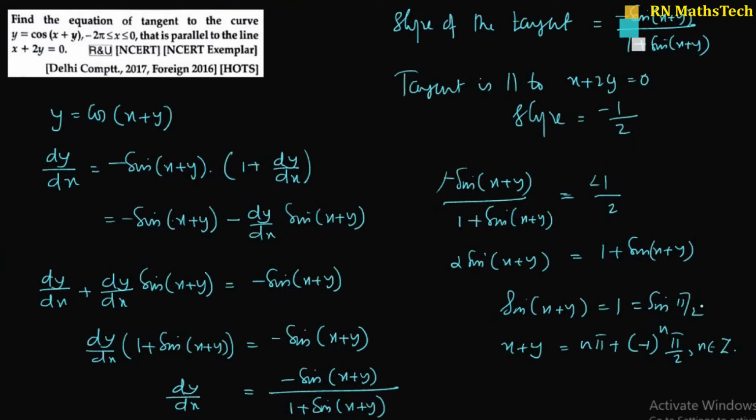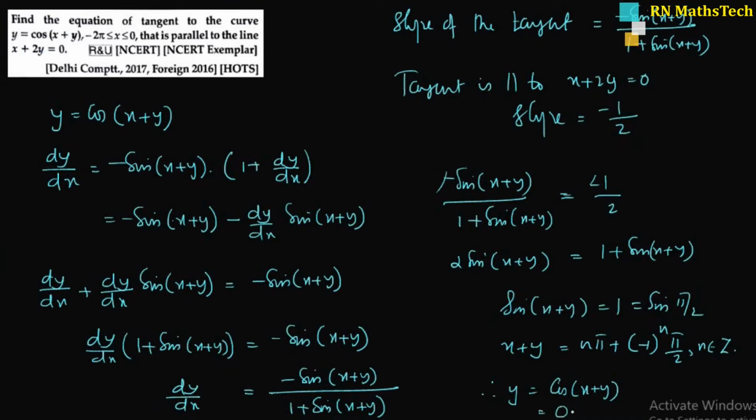Now we have to find the value of y. Therefore y is equal to cos(x + y). Now this x + y is nπ + (-1)^n × π/2.